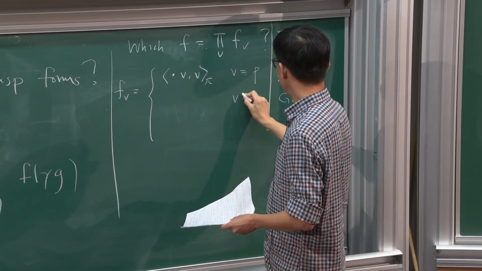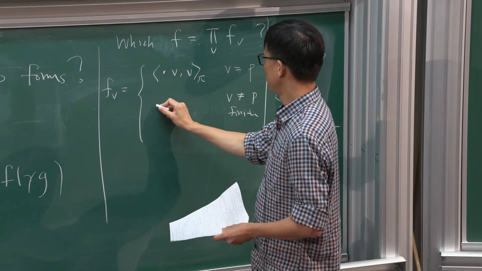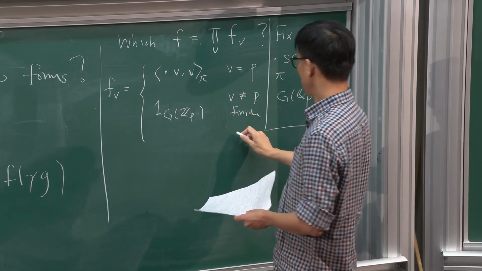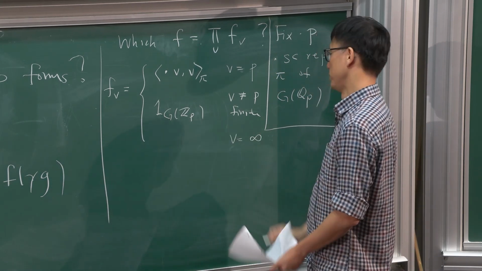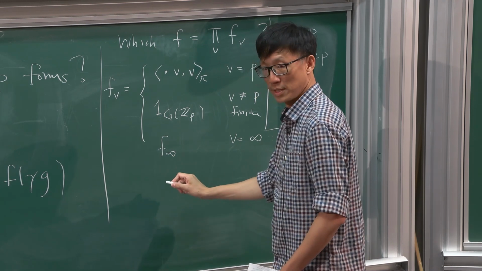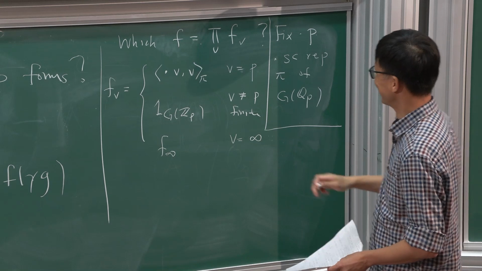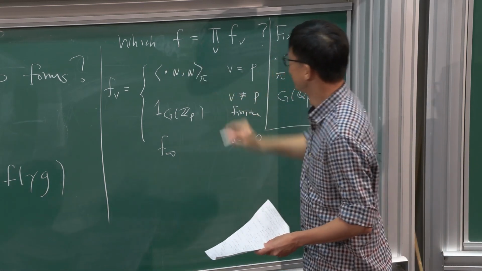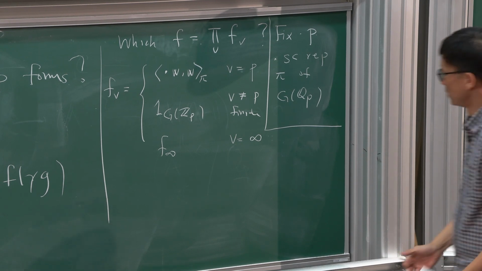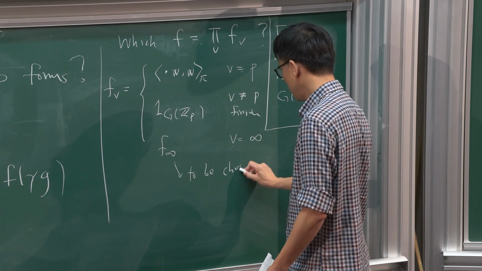At v not equal to p finite, maybe you just take the characteristic function of G(Z_p). At the Archimedean place, the infinite place, you're going to take some function to be decided later. Yes, that's true, let's change the vector to w. Okay, thank you. So this one is to be chosen later.